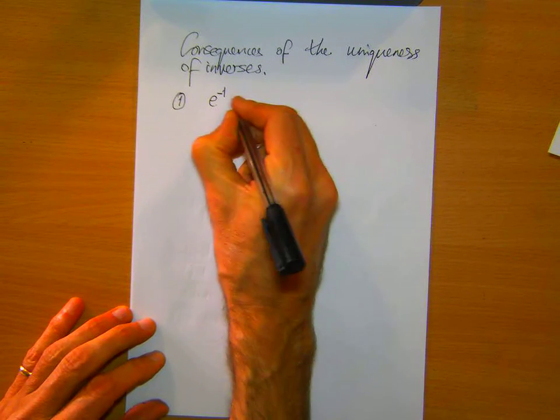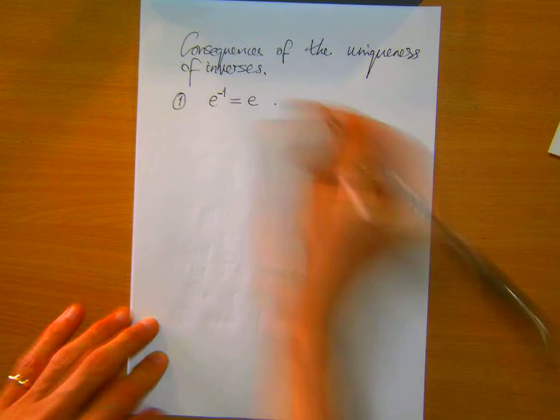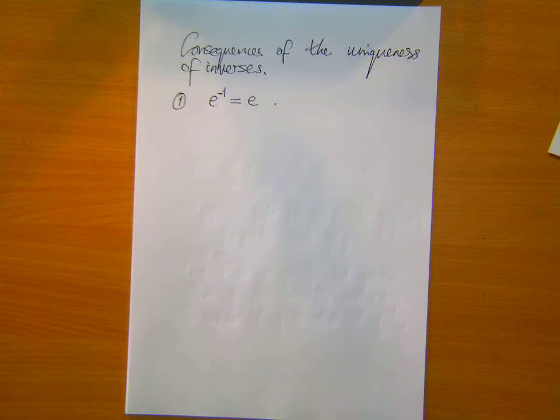Well, the answer is the inverse of the identity is itself. So when you're multiplying numbers, the inverse of 1 is just 1. When we're doing addition of numbers, the inverse of 0 is minus 0, which is 0. The inverse of the identity matrix is itself, and so on. That's true in any group.